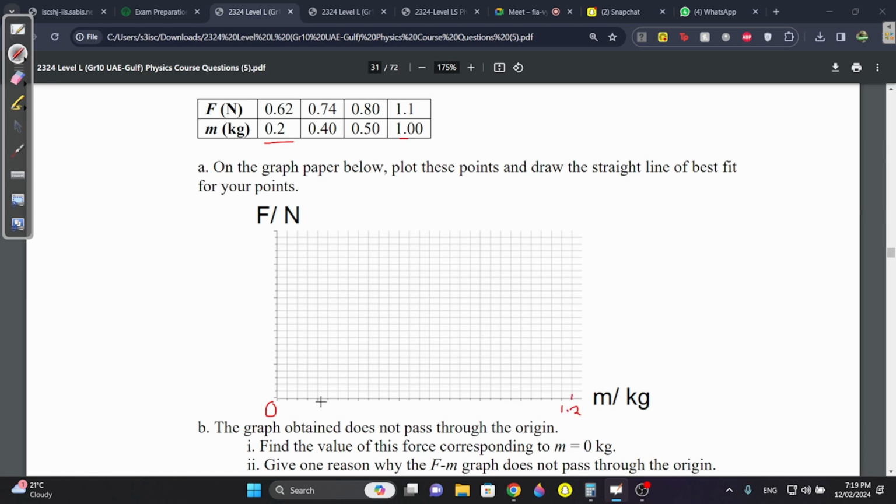You have 30 squares in between, so let's take every 5 squares to be 0.2. So 5 squares at 0.2, 5 at 0.4, 5 at 0.6, 5 at 0.8, and 5 at 1.0. Okay, this is your graph, and then upwards we're going to finish it again at 1.2.